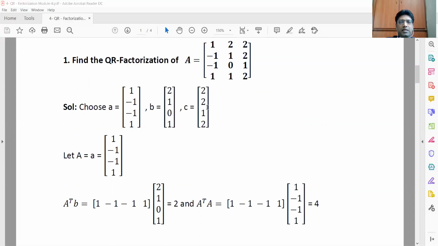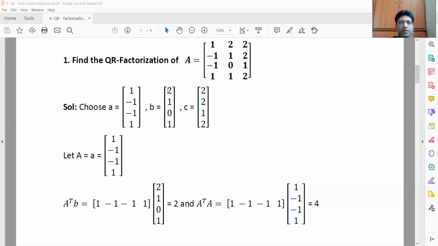What is our first job here? These are the three linearly independent column vectors. From these I have to calculate Q first. Q is a matrix composed of orthonormal vectors, so from these three vectors I have to get three orthonormal vectors. Right now they are just linearly independent, not orthogonal.